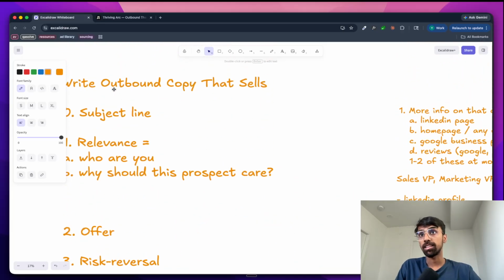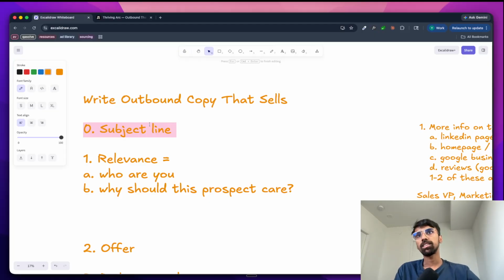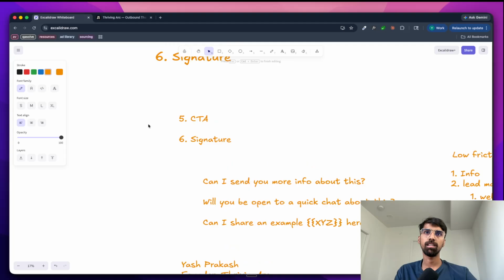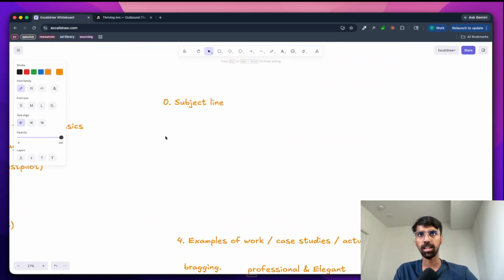The only thing that's left is the subject line. Cold email is essentially all of these components, but the subject line is essentially you asking a very small relevant thing that looks like an internal communication, that doesn't look like a cold email.